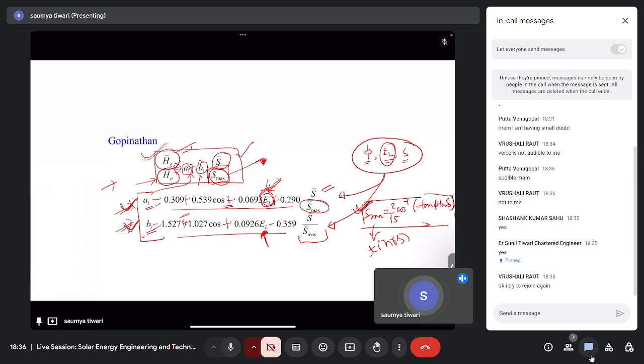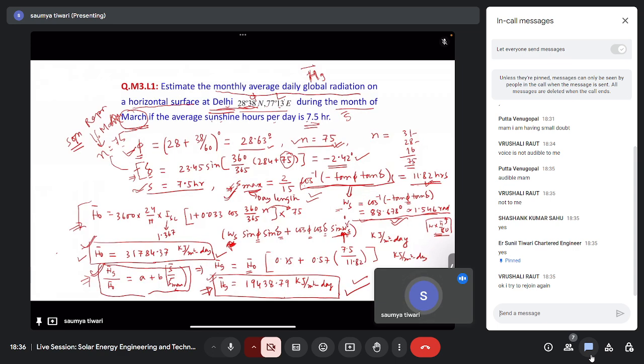Based on n we can calculate the declination angle delta, and we already know s bar. Now we have phi, we have delta, we have s bar. What we need to calculate is s max bar, the particular day length. Its formula we already know: 2 by 15 cos inverse of minus tan phi into tan delta.